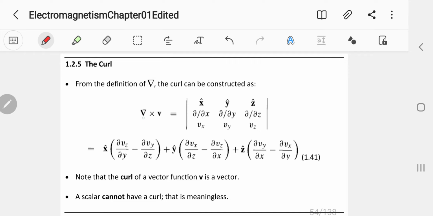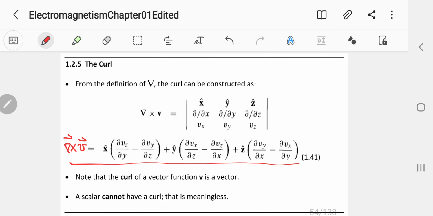So you have this, but instead of an ordinary vector, you have an operator here, and then you have V, the components of that vector. So your curl of V is just equal to this one.